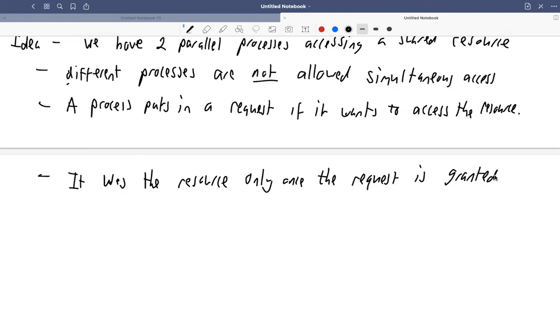And then when it's finished with the resource, it releases it so that other processes, or the other process, can potentially use it. So it uses the resource only once the request is granted, and then it releases it once finished.